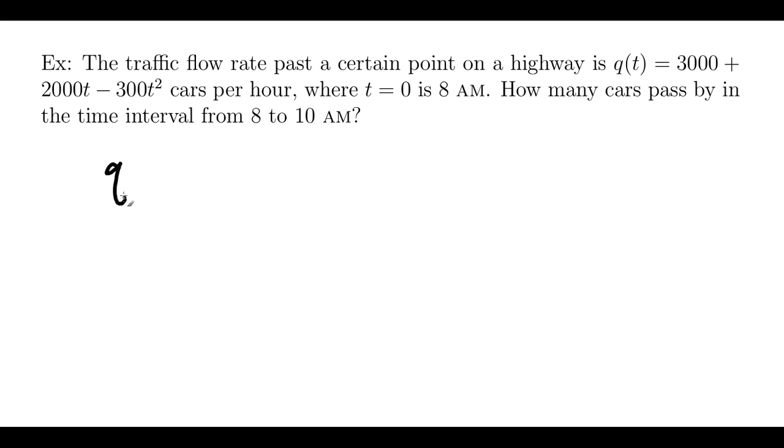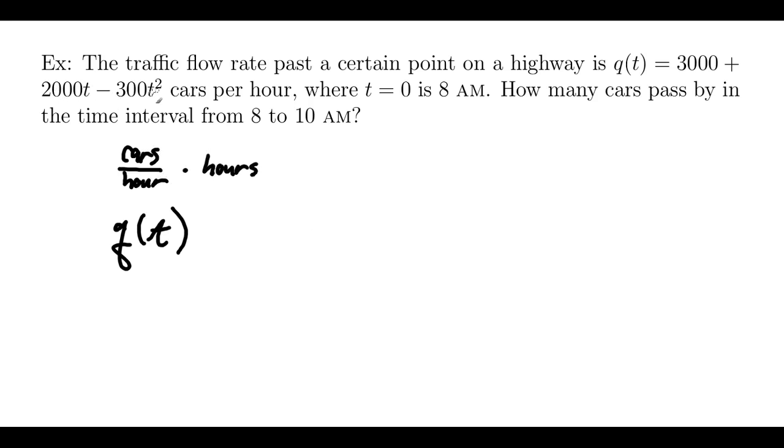Q of t is measured in cars per hour. We want to know how many cars pass by over a particular time interval, so we would have to multiply by some number of hours, right?